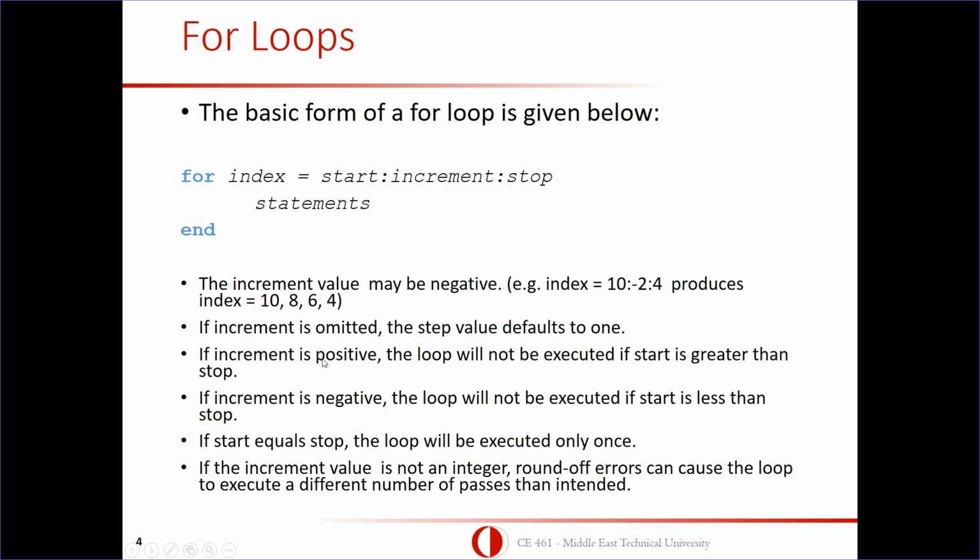If the increment is positive, the loop won't be executed if the start is greater than the stop, and if the increment is negative, the loop won't be executed if start is less than stop. Okay, and if start equals stop, the loop will be executed only once. That is an important point to remember.